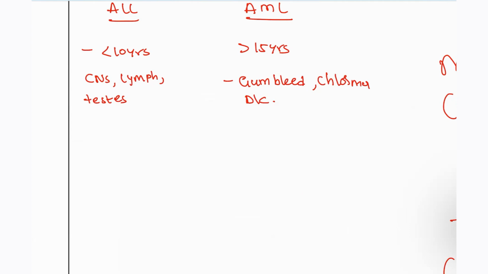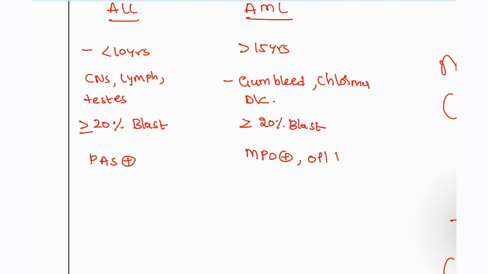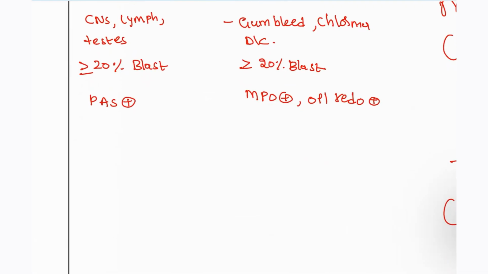Next, what percentage are you going to see on the peripheral blood smear? At least 20% blast cells of the lymphoid we are going to see. Same here also, blast cells that we are going to see. Next, what is the stain? Here, periodic acid-Schiff stain is going to be positive, and here myeloperoxidase and Sudan black, that is positive in this patient. Next, markers: CD1, 2, 5, 7 and also CD19 and 10 are positive here.